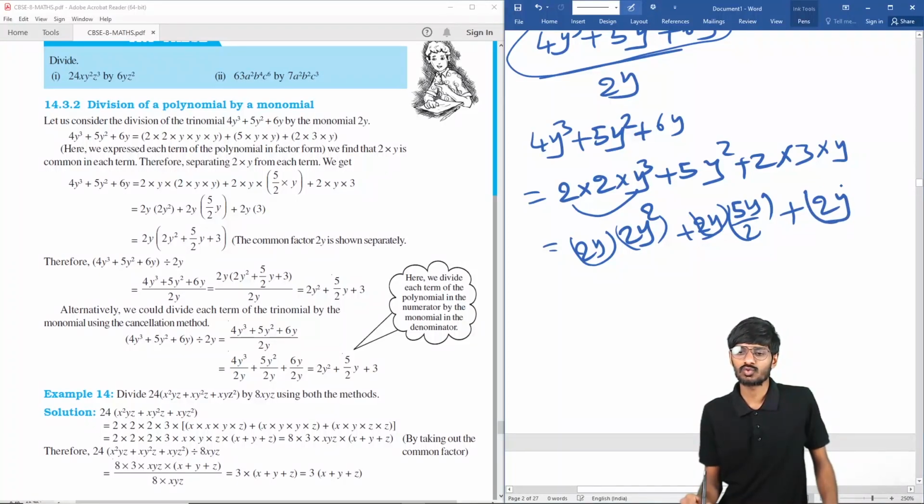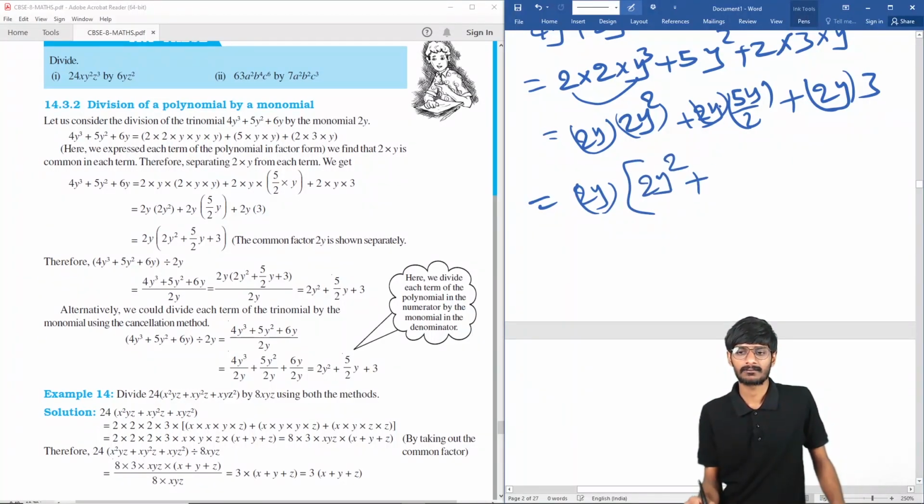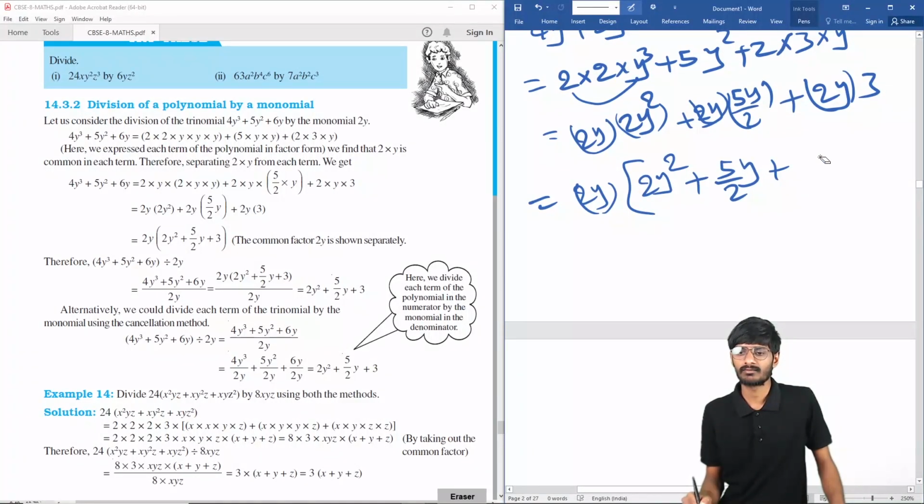And we can write it as 2y into 3. So in all these terms, 2y is a common term, we can take it out, and 2y square plus 5 by 2 y plus 3 is remaining.